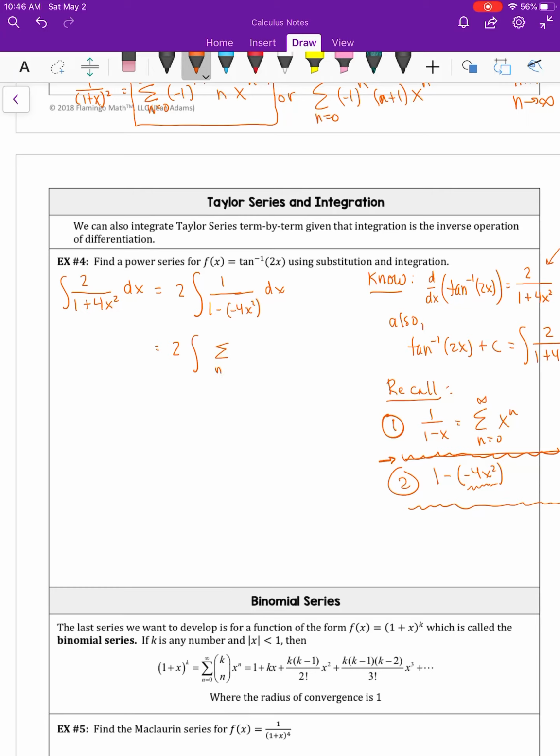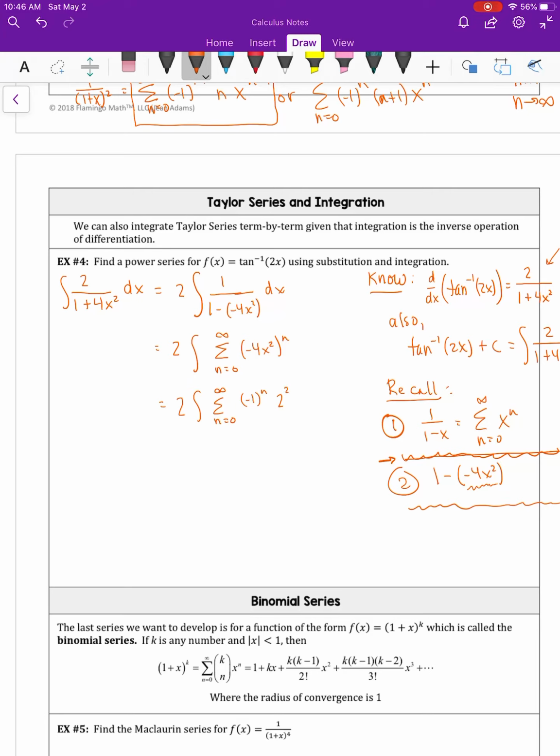So if I pulled the 2 out and wrote this as that, this is the same thing as 2 times the integration of summation n equals 0 to infinity of negative 4x squared to the n. Because I just showed that 1 over 1 minus x is summation x to the n. So this one's going to be summation negative 4x squared to the n.